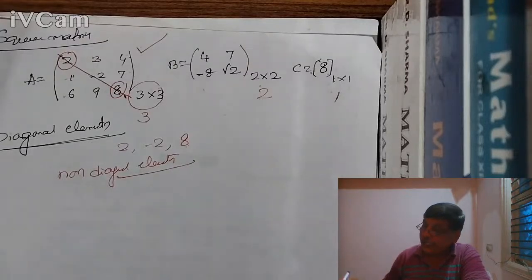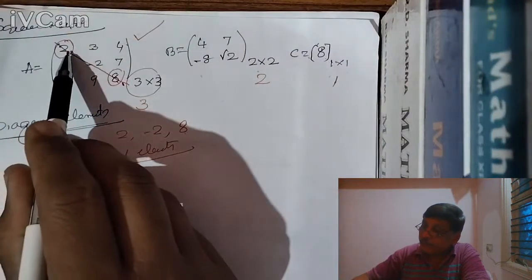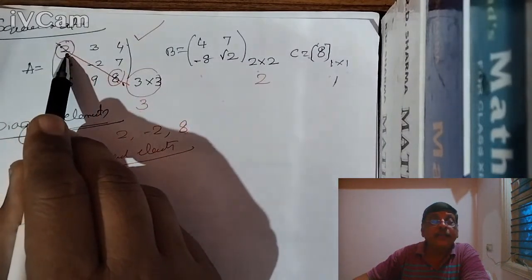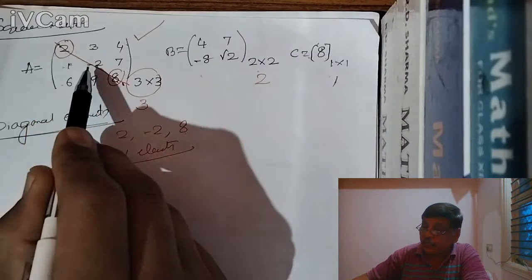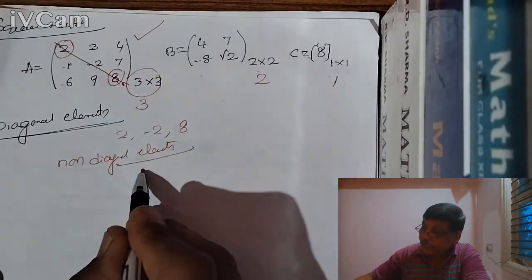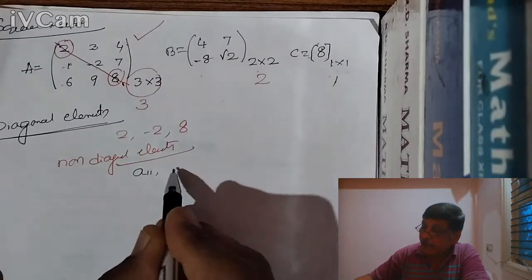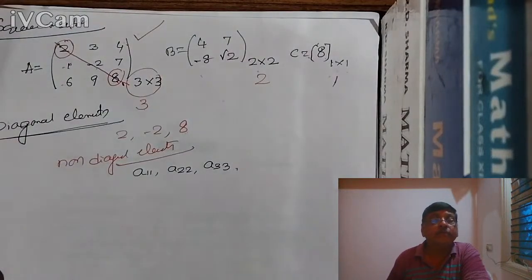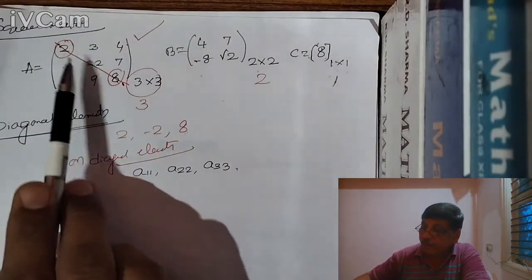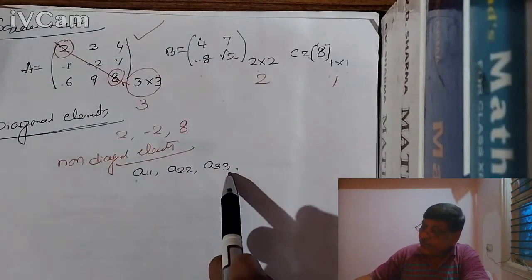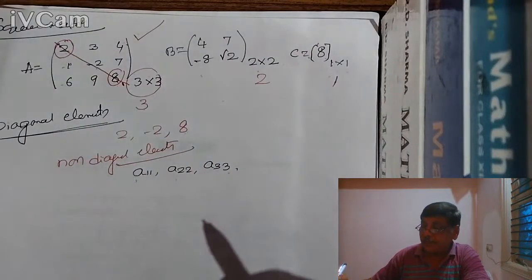Here you just observe the position of the element. This is A11. Yes or no? This is the position of A22. This is the position of A33. So diagonal elements are A11, A22, A33.